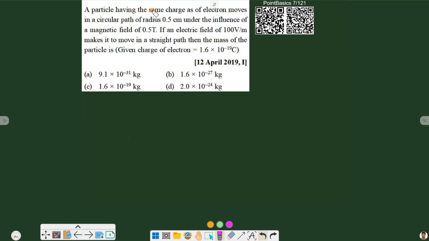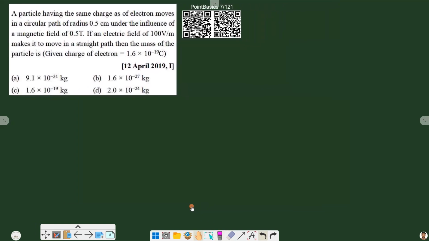a particle having the same charge as that of an electron moves in a circular path of radius r under the influence of a magnetic field. So radius and magnetic field we are having. An electric field makes it move in a straight path when the mass of the particle is... So first let's write down all the variables which are given to us.